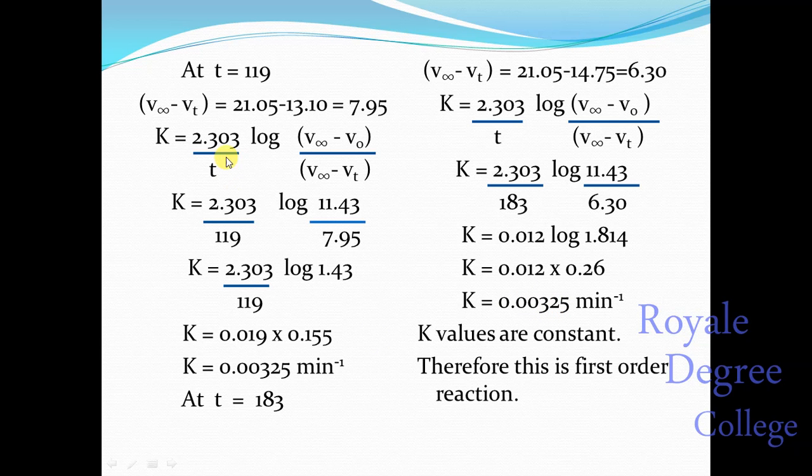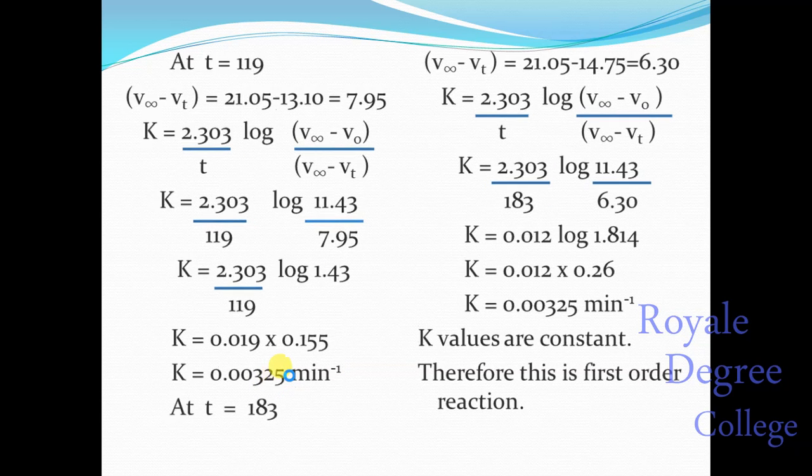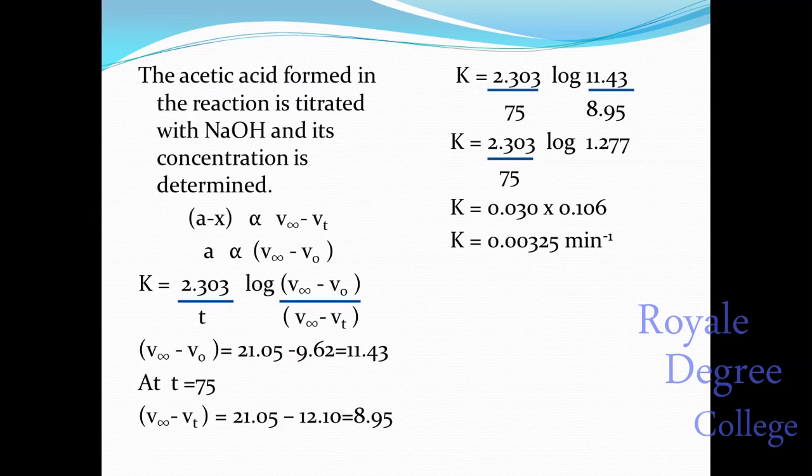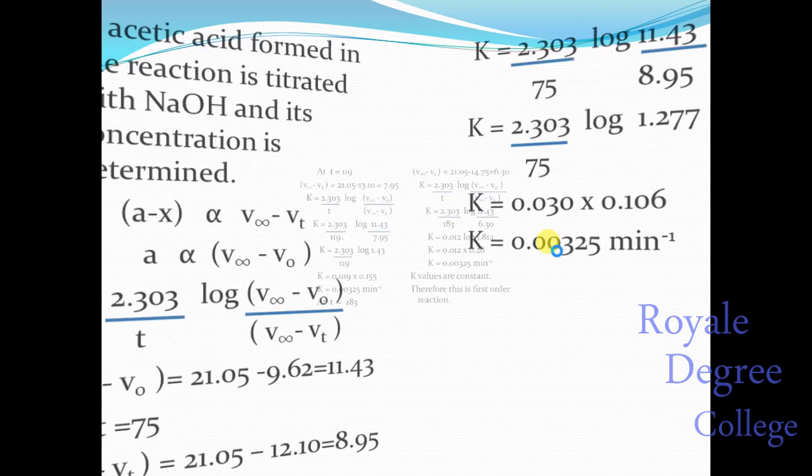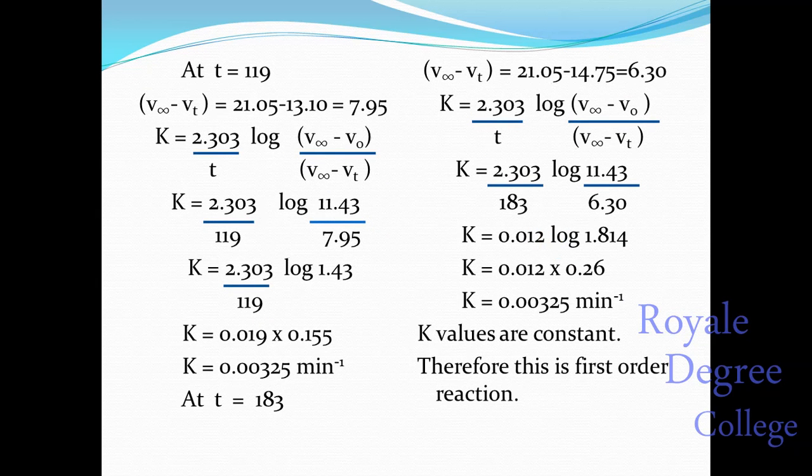If the time is 119, the K value is the same, 0.00325 per minute. In the previous case, if the time is 75, at that time also you will get the K value as 0.00325 per minute. So here the K values are constant, isn't it? Therefore, this is a first order reaction.